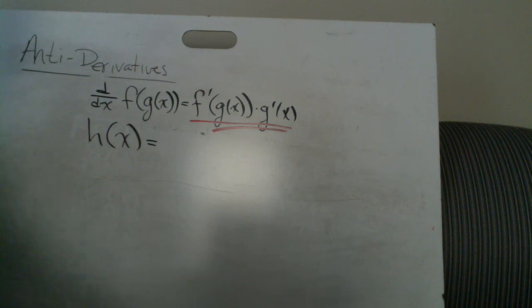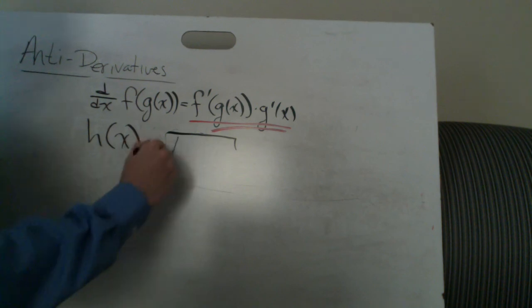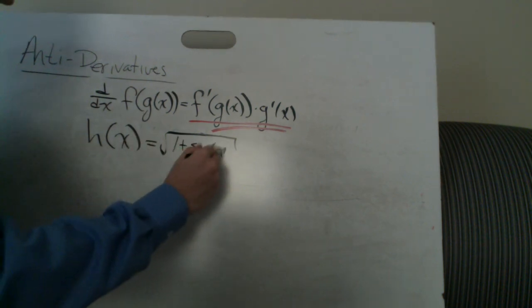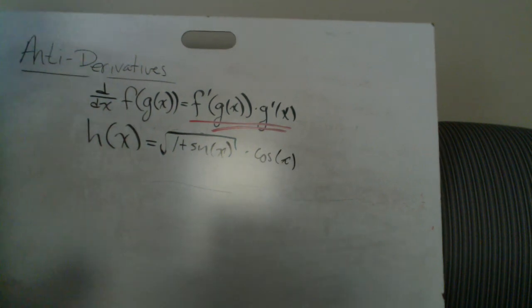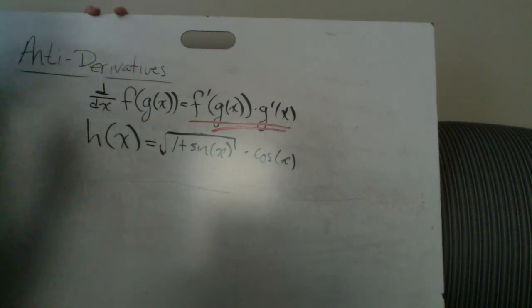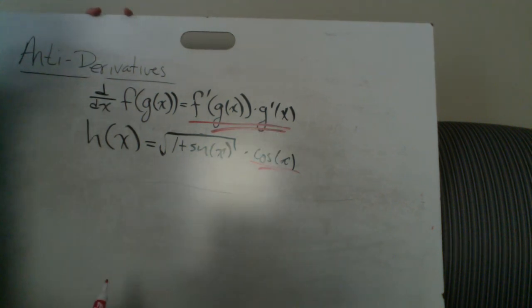So, I'll start out with a function, and that function is going to be the square root of 1 plus sine x times cosine x. Okay. Again, my goal is to locate the inside function, the outside function, the inside function's derivative, all of these things. So I notice that the cosine of x should be my g prime.